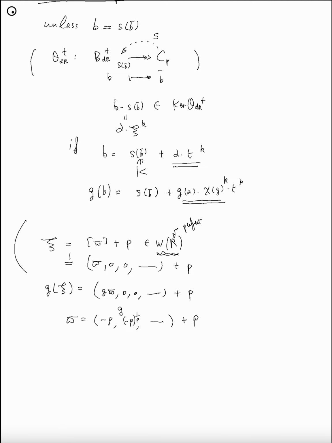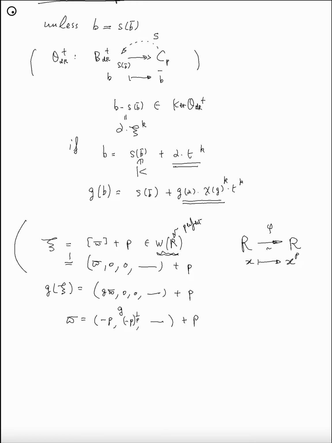So it seems like what you are claiming is that there is a unique pth root of 1. Is that correct in R? I mean, Frobenius is a bijection, right?